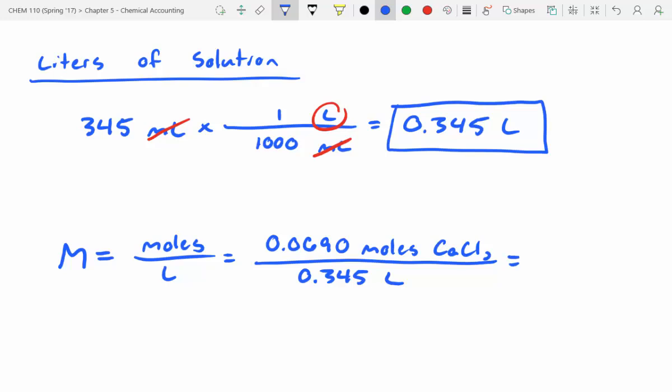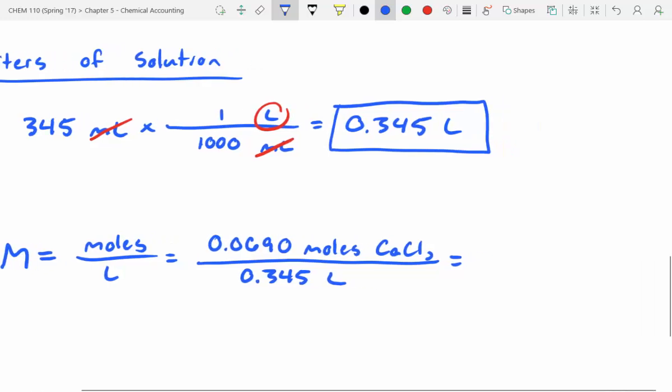What does that give us for our molarity? So is it 0.2? I heard somebody say that. 0.200. Why is it 0.200 instead of 0.2? 3 sig figs, right? So we've got to keep 3 sig figs in our final answer. So I'll do 0.200, and our units would be molarity.